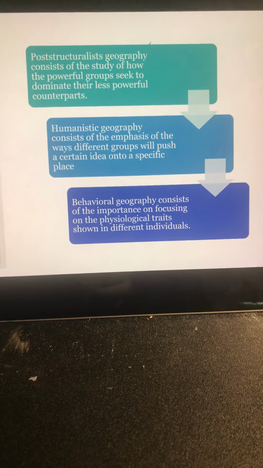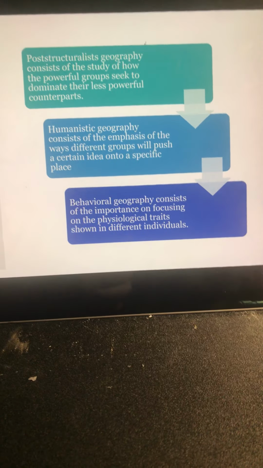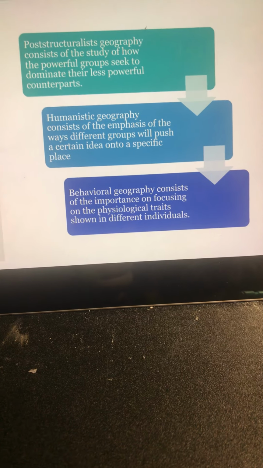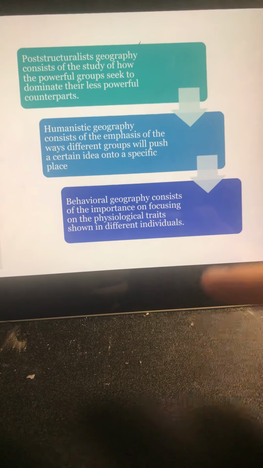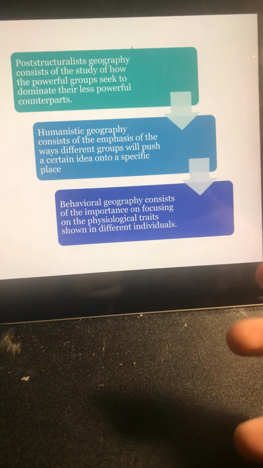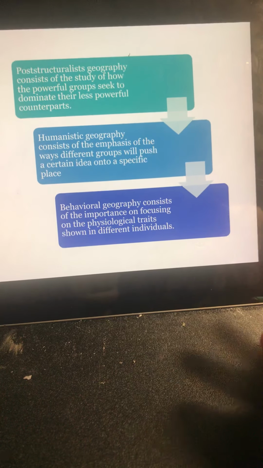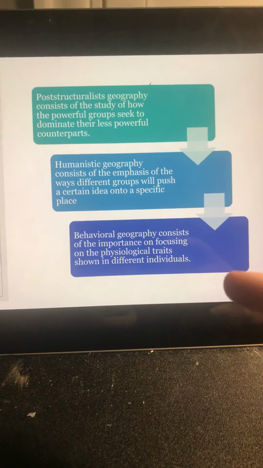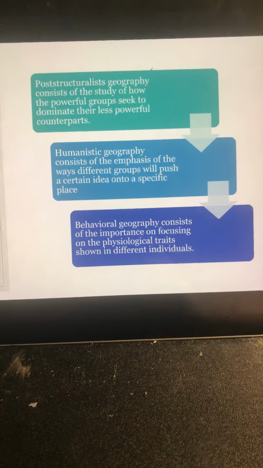So LGBTQ plus people can focus on one specific area, like where the Stonewall riots were, and they can make a symbol of that area, and that would be humanistic geography. Behavioral geography consists of focusing on psychological traits in different individuals, like how people function in different parts of the world, I think.